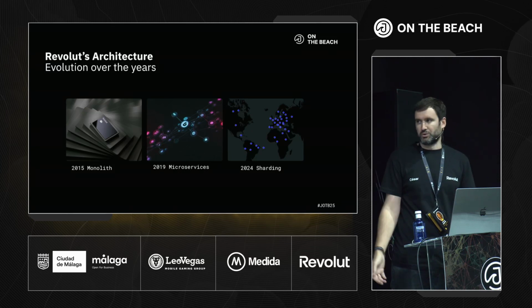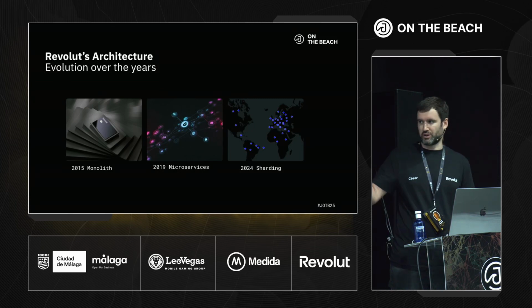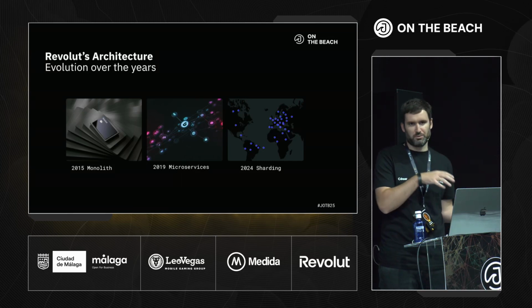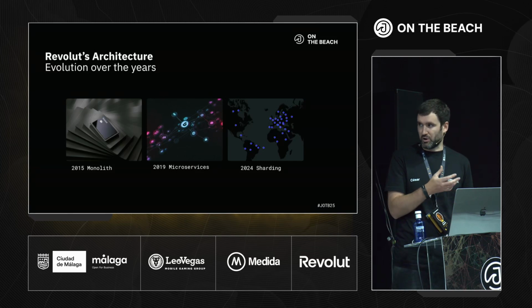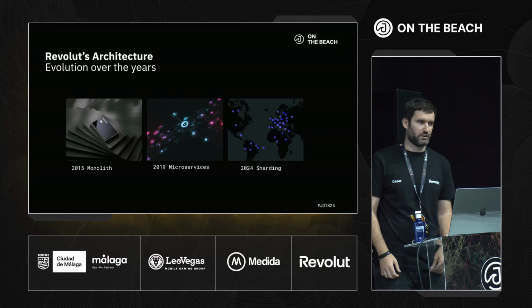Gradually, they started to move towards a distributed architecture. Around 2019 is the moment that I joined Revolut, and around then there was this big effort to move away from this monolith and towards a distributed architecture.